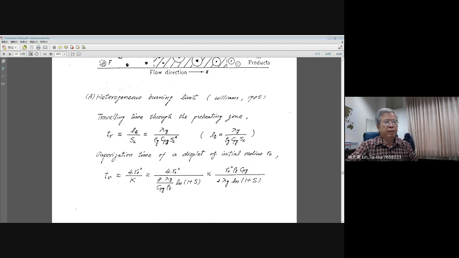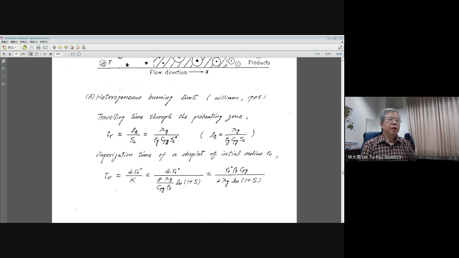Okay, and the TV can be estimated by this, where K is the evaporation constant, by applying the formula for the evaporation constant. Then you can have a relation to describe the vaporization time. Then you look at these two times, and you can identify, can we have a heterogeneous burning?